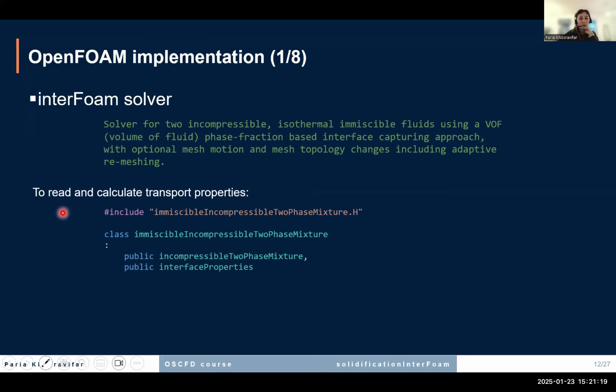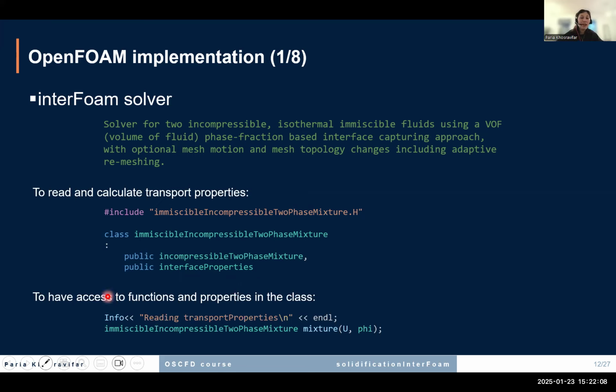interFoam uses the immiscible incompressible two-phase mixture library to read and calculate transport properties. It inherits from incompressible two-phase mixture to manage the transport properties of two incompressible phases, and also uses interface properties to manage the properties related to the interface of two phases, such as surface tension and curvature.